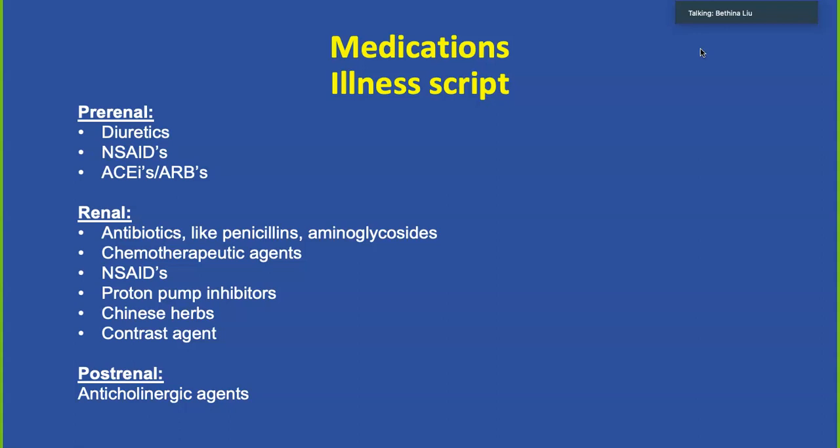For renal, intrarenal causes, like we discussed, includes antibiotics like penicillins and aminoglycosides, chemotherapy agents, NSAIDs, proton pump inhibitors. Should also take a thorough history of patients' supplement and use of herbal medications, as well as contrast agents that patients may have gotten for imaging. Post-renal causes include anticholinergic agents.